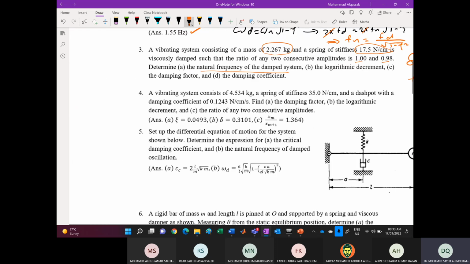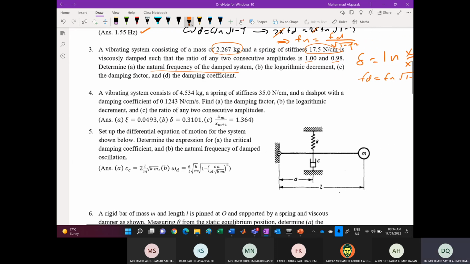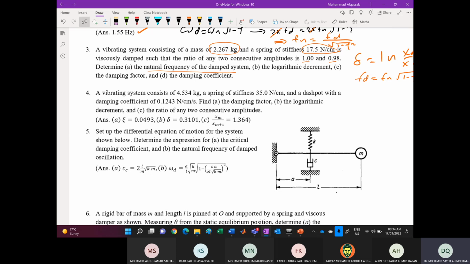Fd or omega d. It didn't mention what unit is required, and an answer is not given. So you can find omega d or Fd, it's up to you, since the question is not specific.